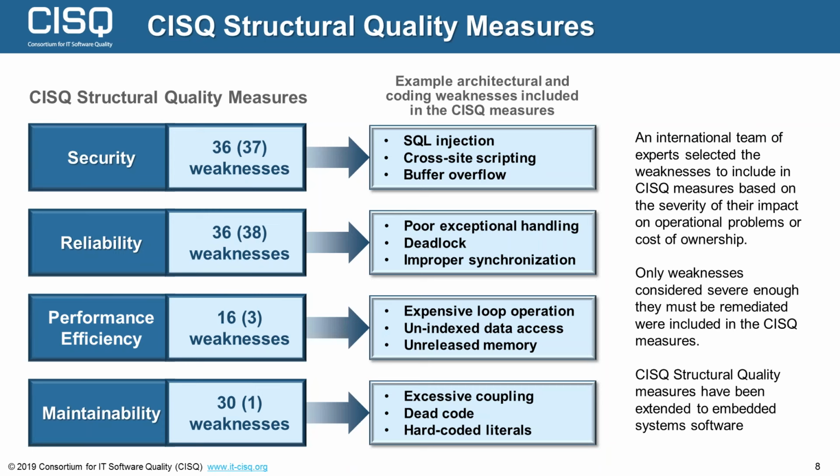You can see there's 36 weaknesses. In parentheses, there's 37. We, in fact, developed a way, and we really borrowed this a lot from the Common Weakness Enumeration, to look at a parent weakness that's sort of the general case, and then there's many different instantiations of the way that weakness presents itself in software. And so in parentheses, there's the children of the various parent weaknesses. So for instance, for buffer overflows, which is a major security problem, there's a weakness number 119.